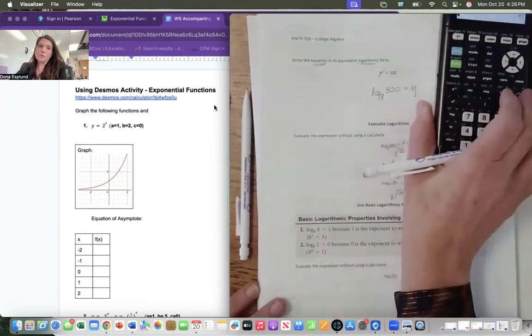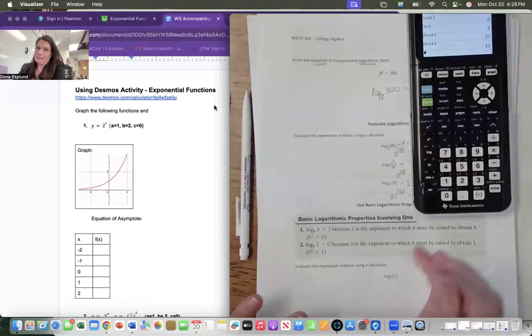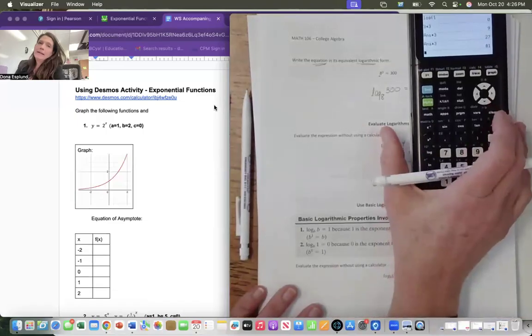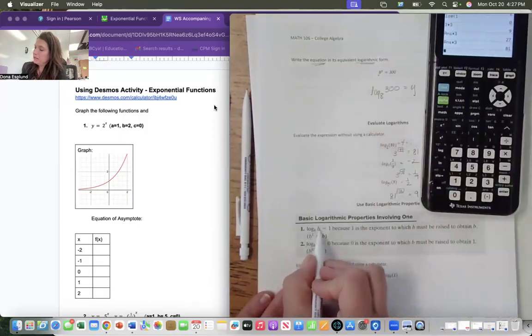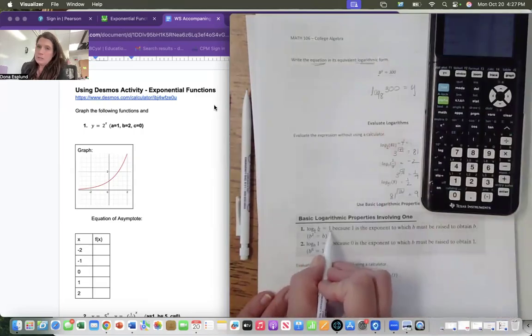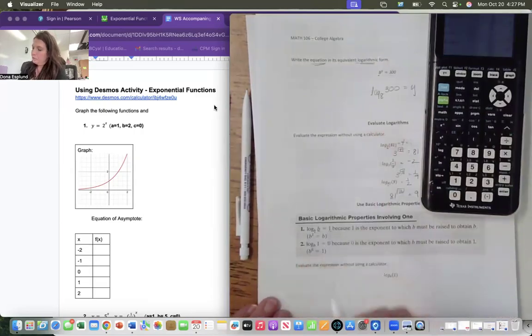Now, a couple of rules that you're going to use a lot. So I keep saying that, don't I? Anyway, on this one, if you have log base b of b, if your base and your number are exactly the same, then it's always, always, always going to equal 1. For instance, if I have log base 3 of 3, think about that.